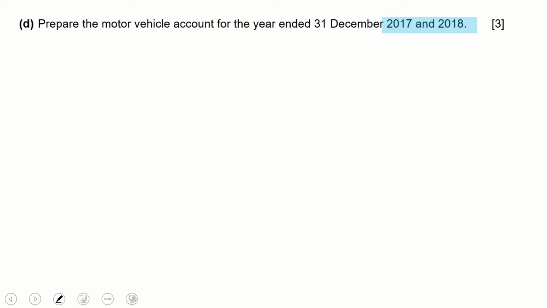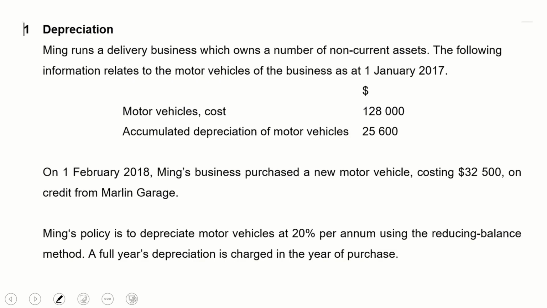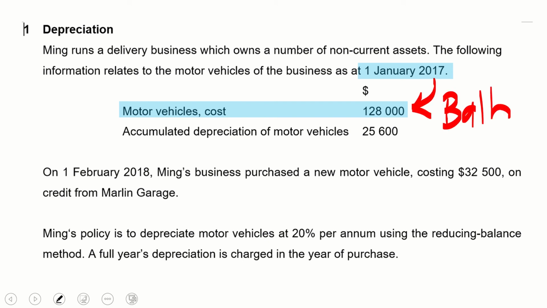The next question, question D, requires you to prepare the motor vehicle account. Now, the motor vehicle account is the asset account, and they want you to do this for the years ended 2017 and 2018. So if I go back to the question, I notice that in 2017, I have a balance brought down of motor vehicle cost 128,000.